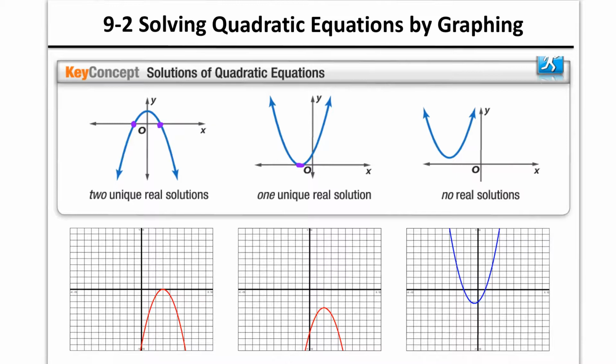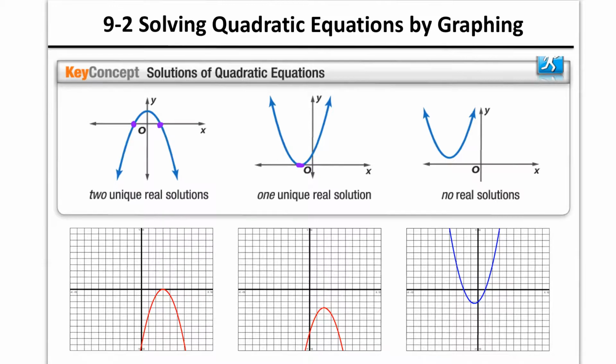And the next option here is where the parabola, and it doesn't matter if it goes up or down, is not touching the x-axis at all. It's not going through the x-axis. So when that happens, we say there are no real solutions. Which means we have imaginary solutions, but in this class for Algebra 1, we are not talking about imaginary solutions, just real. So we say no real solutions.